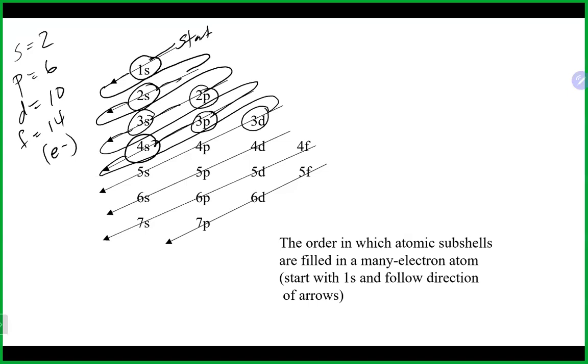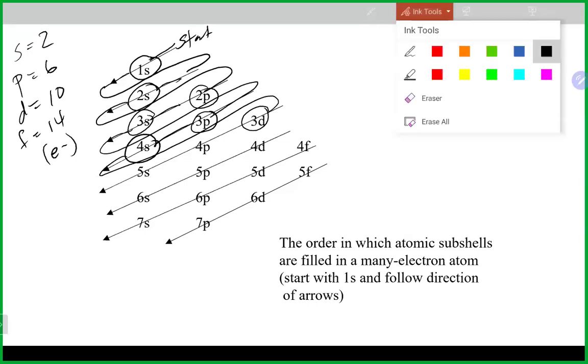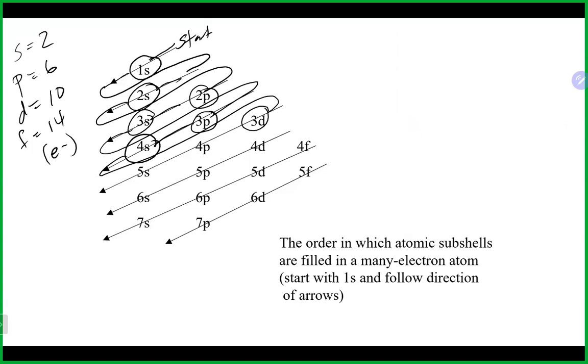Now, you won't have this with you, but this is something you can recreate yourself on paper pretty easily. All you have to remember is 1, 2, 3, 4, what we talked about. On the very first energy level, we only have an s orbital.